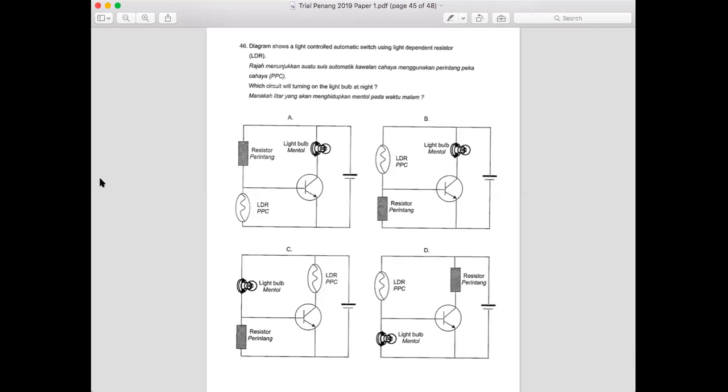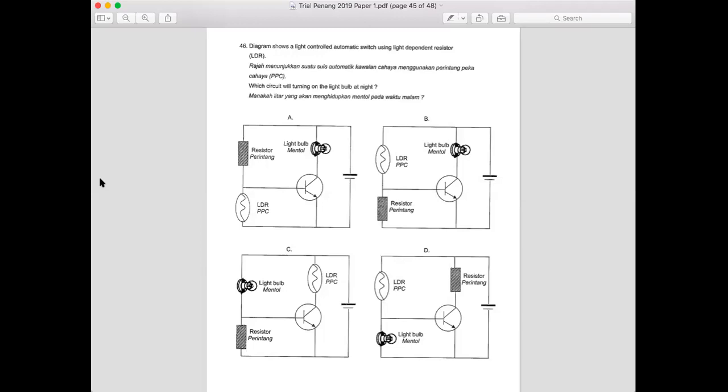What's the answer? It should light up at night. Remember the property of the LDR: higher resistance during the night. Yes, dark. So the answer? They said A. A is correct.